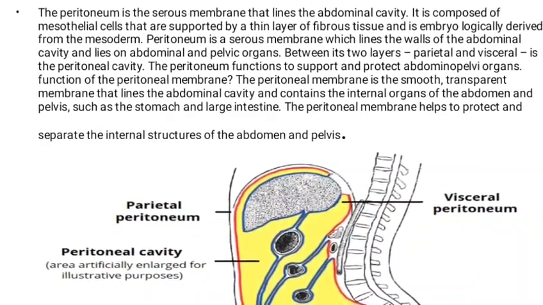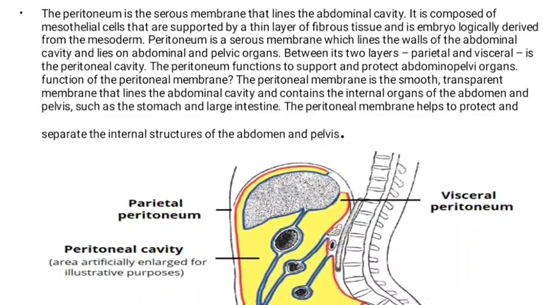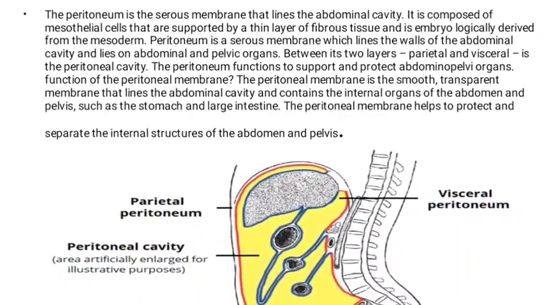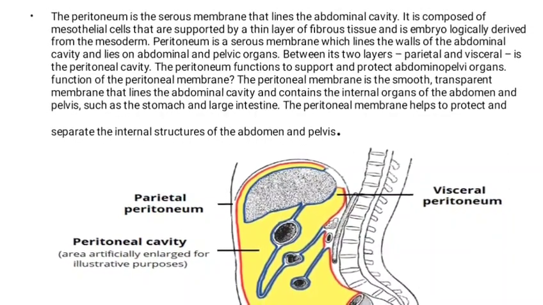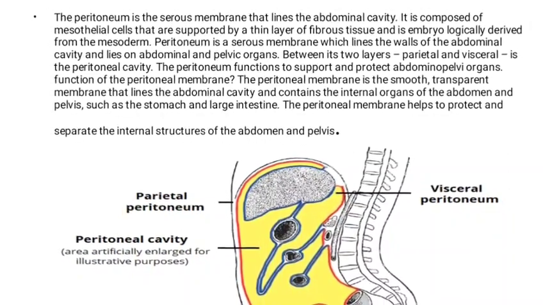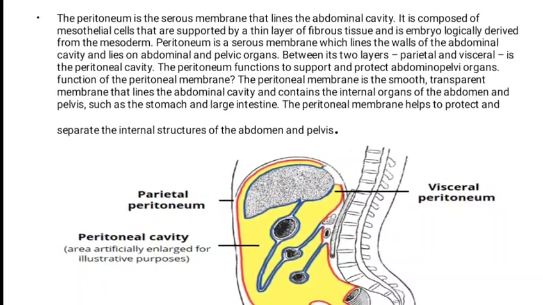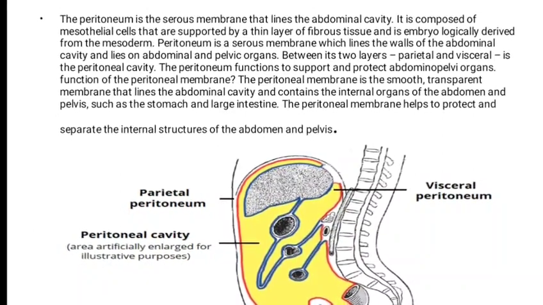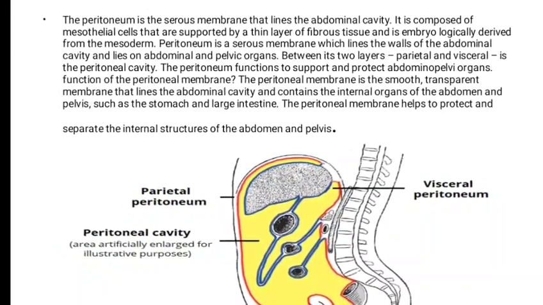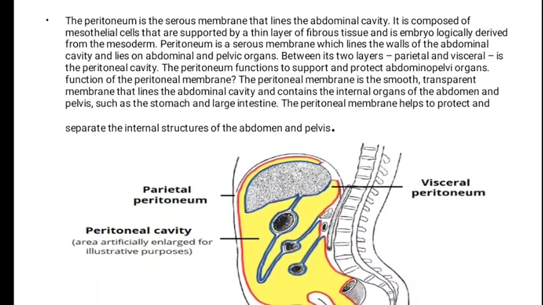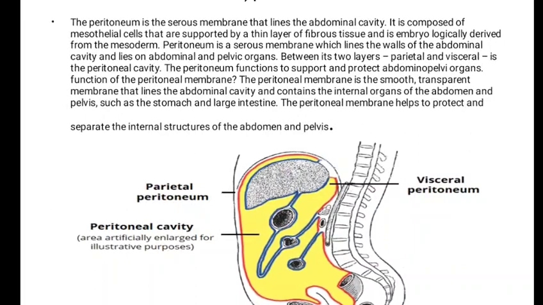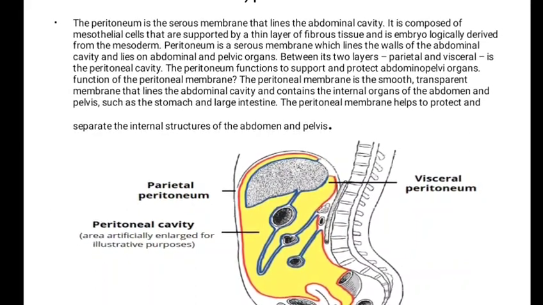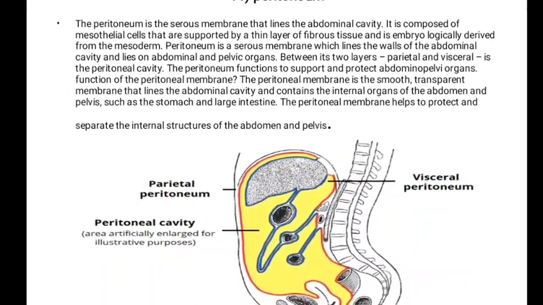Peritoneum is the serous membrane which lines the wall of the abdominal cavity and covers the abdominal and pelvic organs. Between its two layers, parietal and visceral, is the peritoneal cavity.